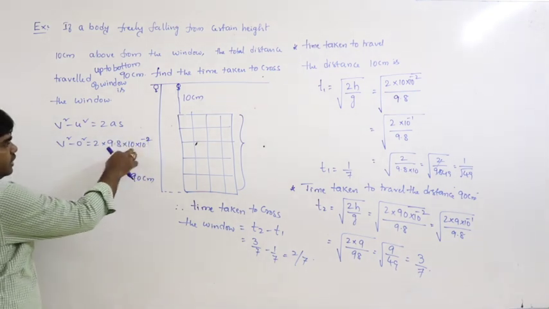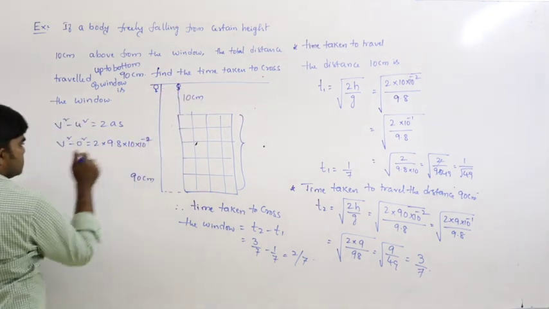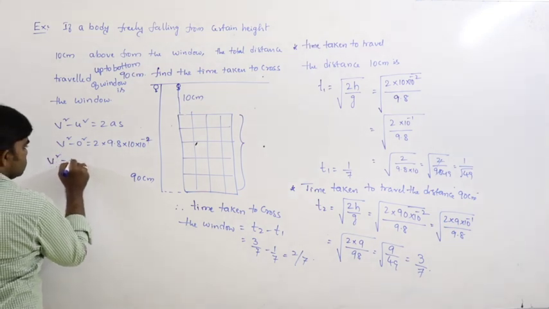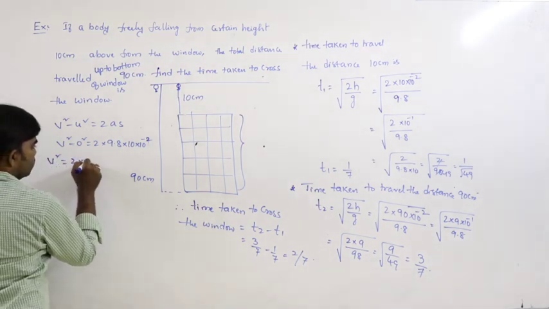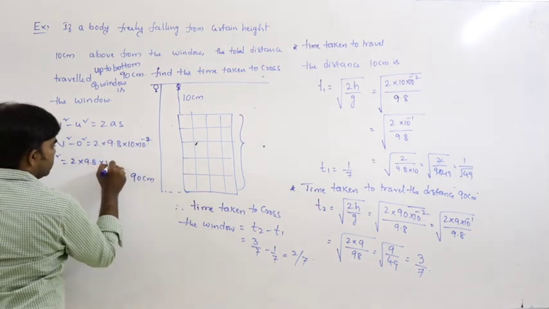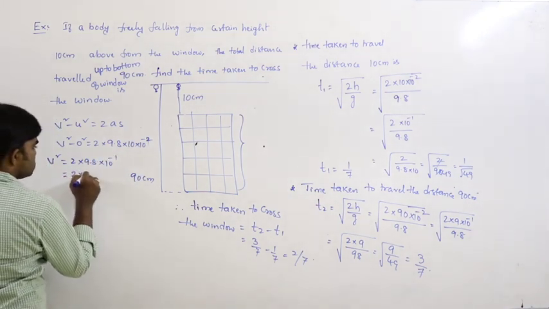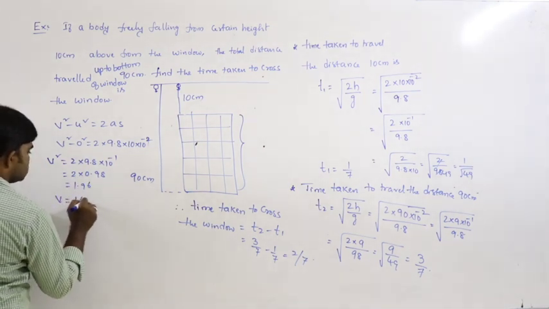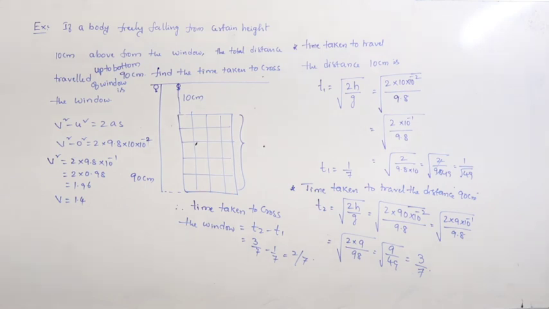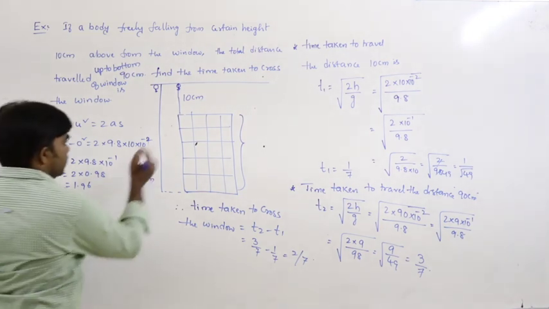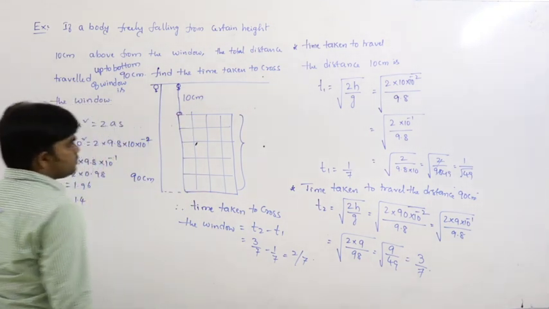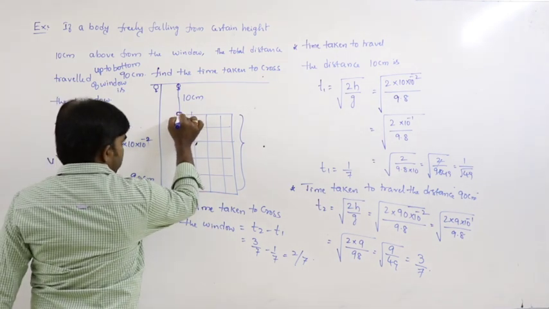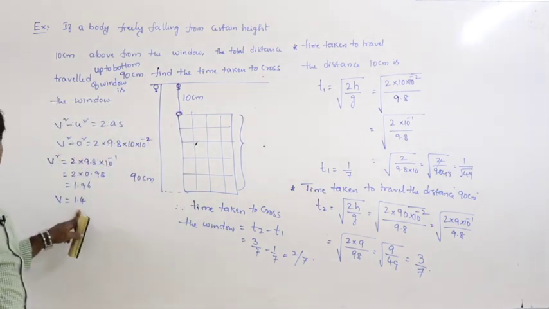G is 9.8, distance traveled is 10 centimeters. So v square is equal to 2 into 9.8 into 10 power minus 1, 2 into 0.98, 1.96. Therefore, v is equal to 1.4. Here v is the velocity of the body at this position, 1.4.